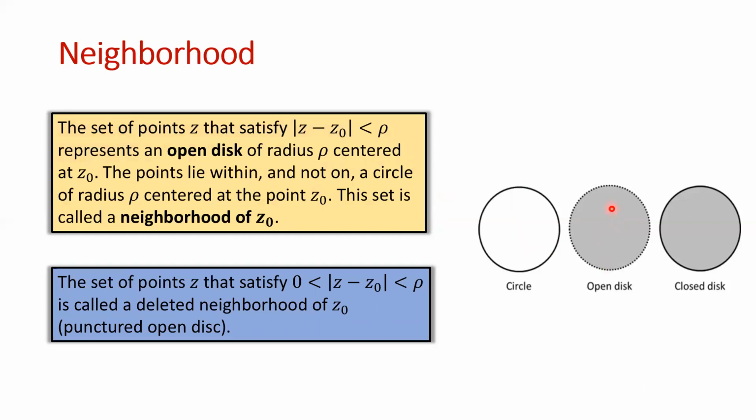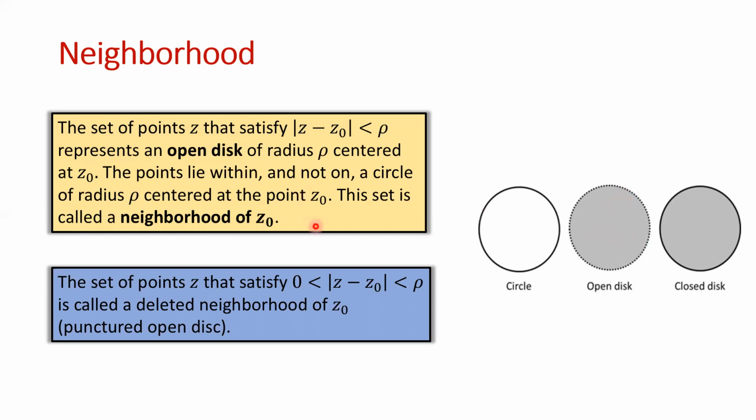The points lie within and not on a circle of radius rho centered at the point Z0. This set is also called a neighborhood of Z0. Whenever I am using the word neighborhood of Z0, it means an open disk with center at Z0 and radius any positive number.